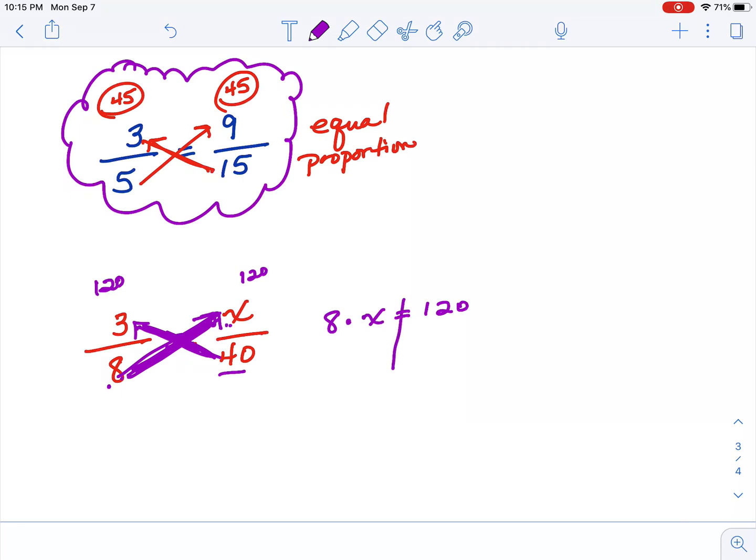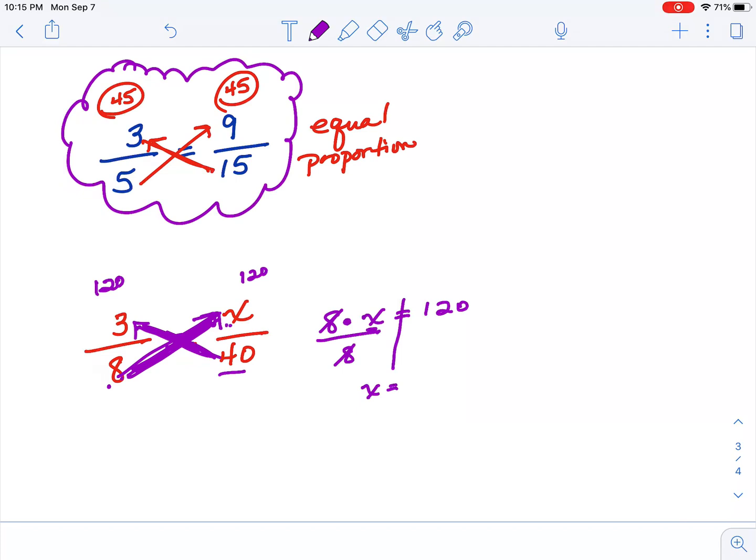If I have a missing number, I know I want to get that x by itself. That's my missing number. To get that x by itself, you do the opposite. So the opposite of multiplying is dividing. So instead of multiplying by 8, we're going to divide by 8. And we did that because these two will cancel out, look there, and x is all by itself.